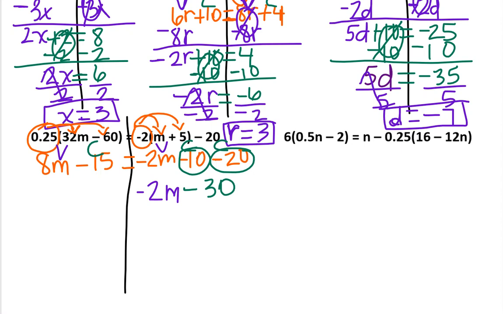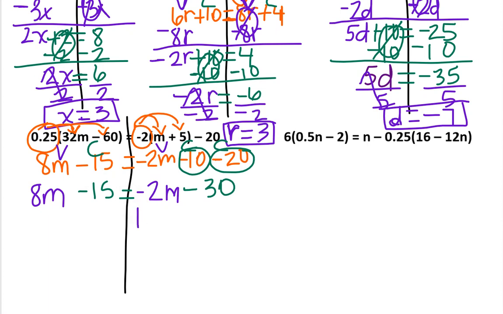So now I have the right side ready. Now I'm going to come to the left. I didn't do anything, so I'm just going to bring it down exactly as I see it: 8m minus 15. And I have my equal sign here in the middle. Now I go to my new step, step 4. I move the letters to the left. So this minus negative 2m, I have to bring to the left by using inverse operations.